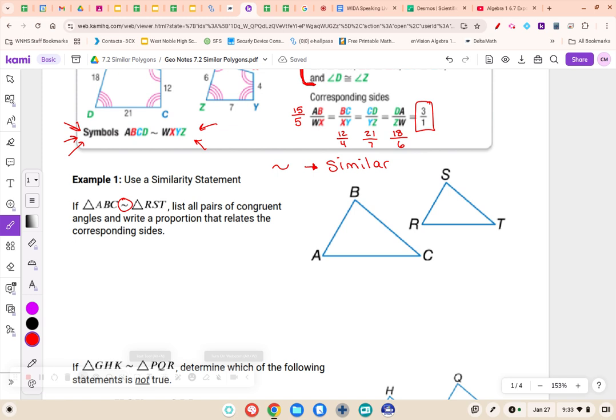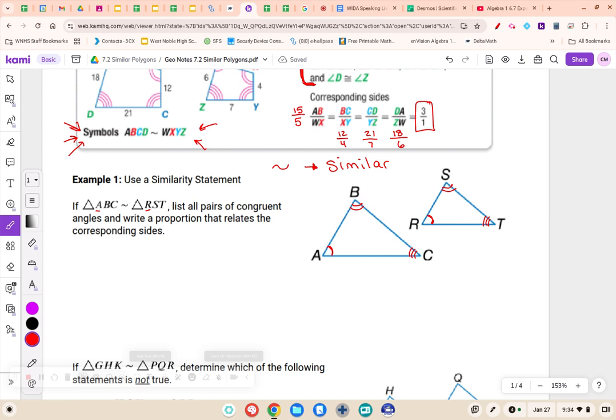So we can look at this similarity statement to know which angles are congruent. We know angle A is congruent to angle R. Based on this, angle B is congruent to angle S, and angle C is congruent to angle T.